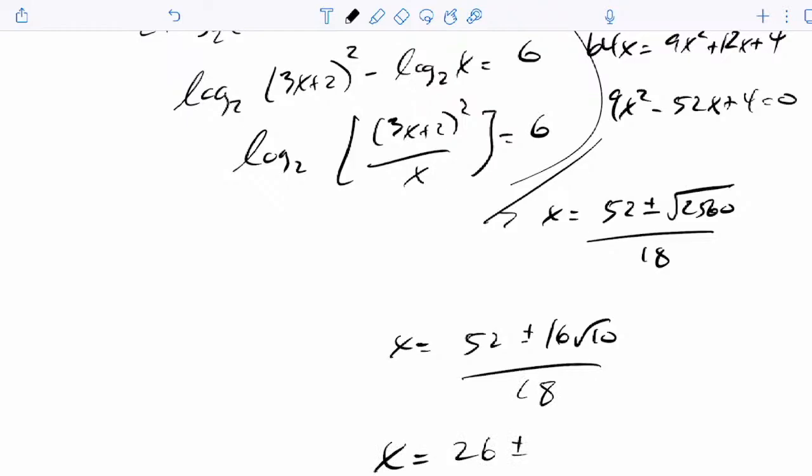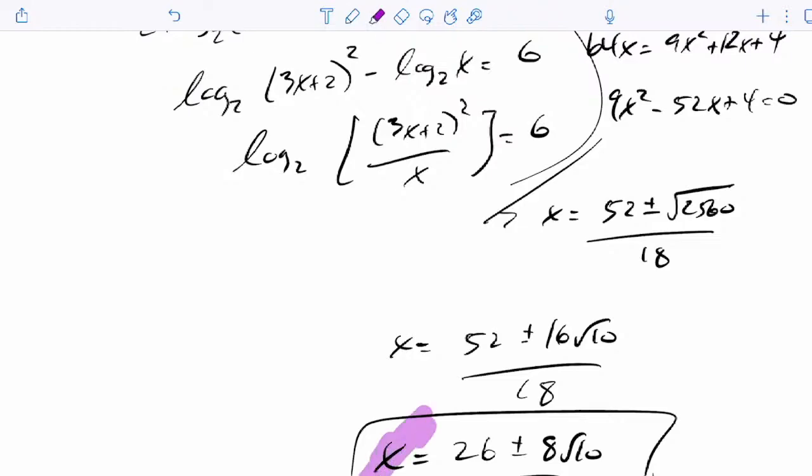It's 26 plus or minus 8 root 10 over 9. I think that was the answer I gave you because I had written down the answers for these. Okay. Do you see that one?